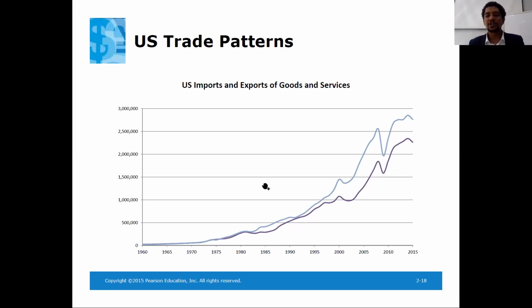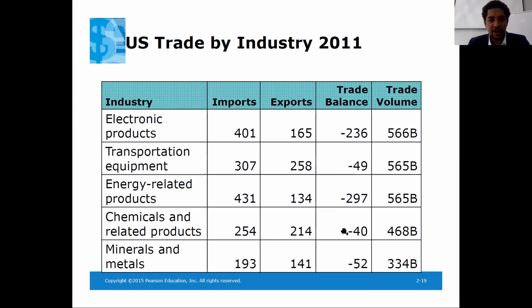This shows the import and export of the US, and the US has a negative trade balance here. You can see here the US trade by industry in 2011. Electronic products imported were $401 billion, exports were $165 billion. So the trade balance is negative again.